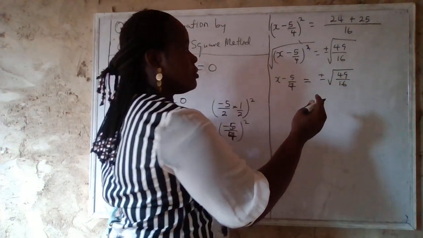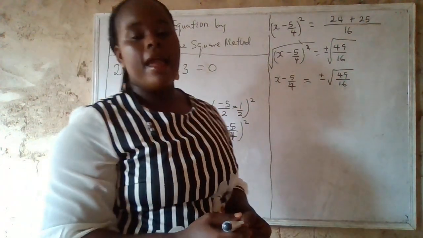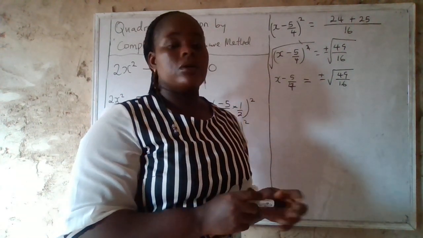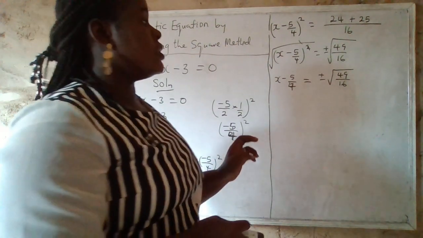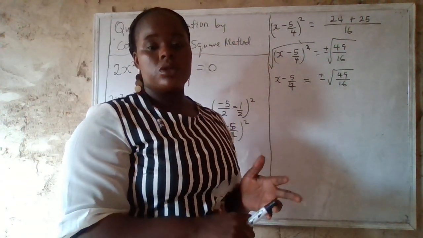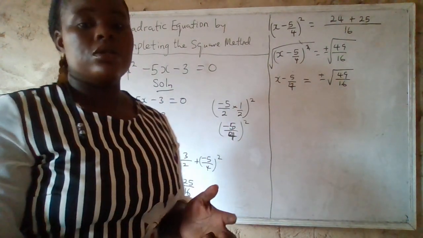The plus or minus is coming from the fact that every polynomial of degree 2, or the second degree, will always have 2 roots. Every quadratic equation always has 2 roots.